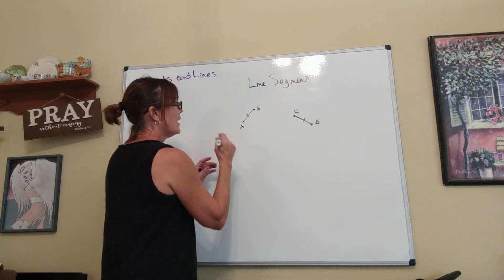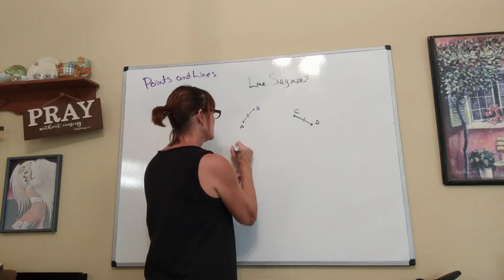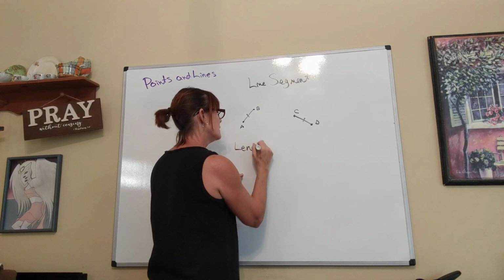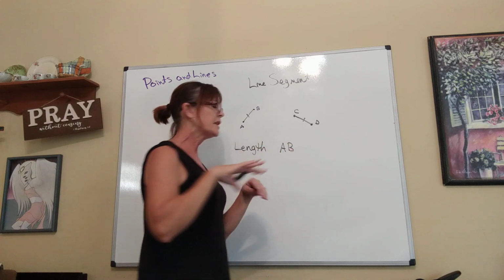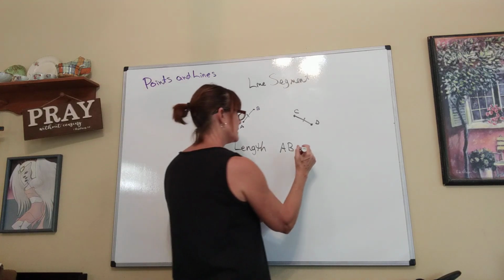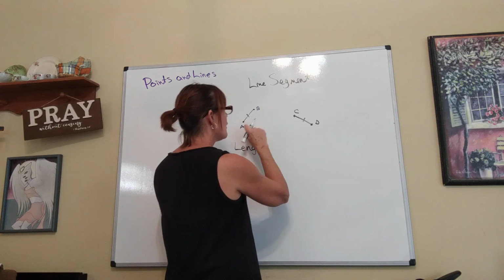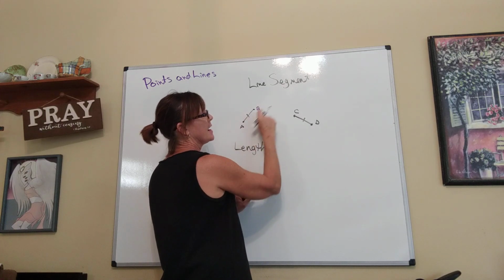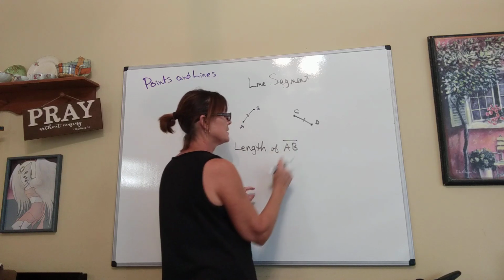How you indicate the length of this line segment is AB, and you don't put anything on top. The length of the line segment AB, this is what this reads.